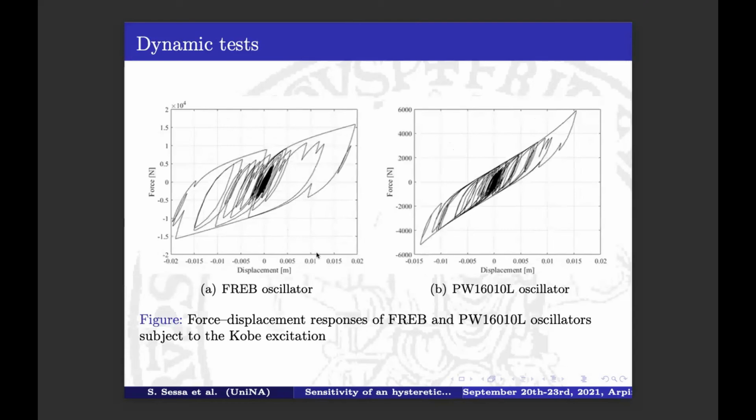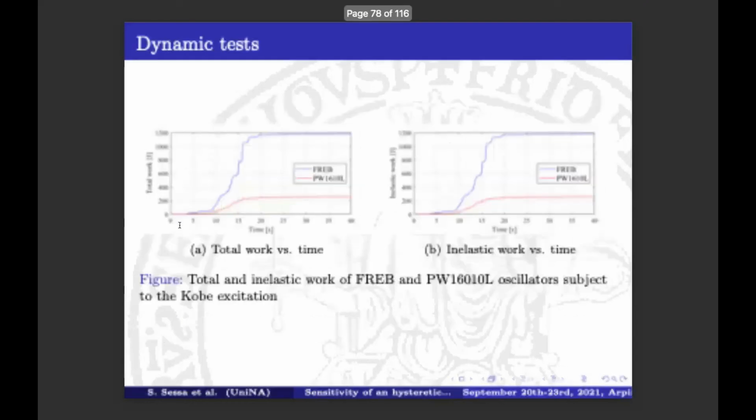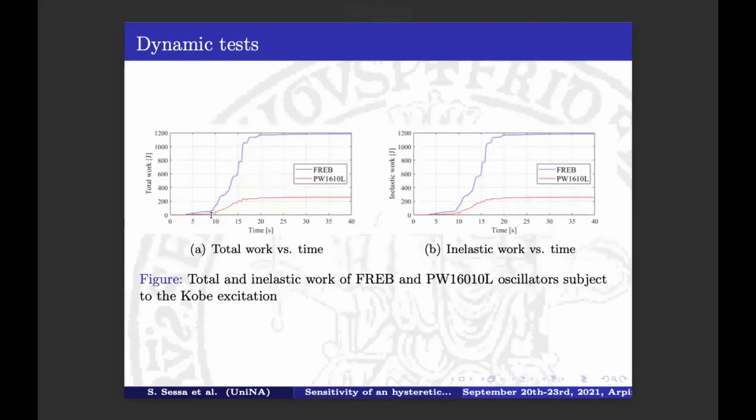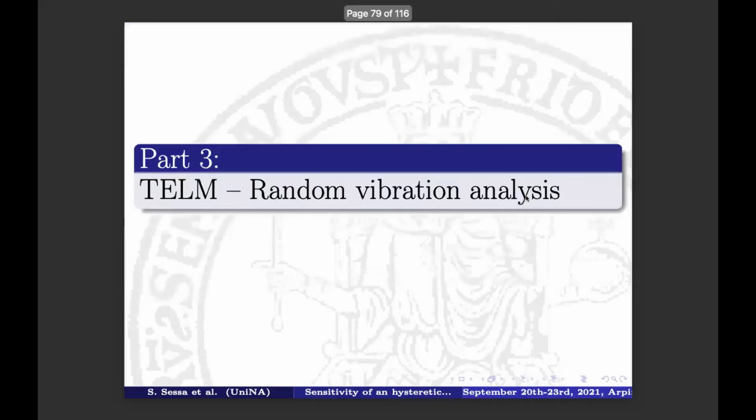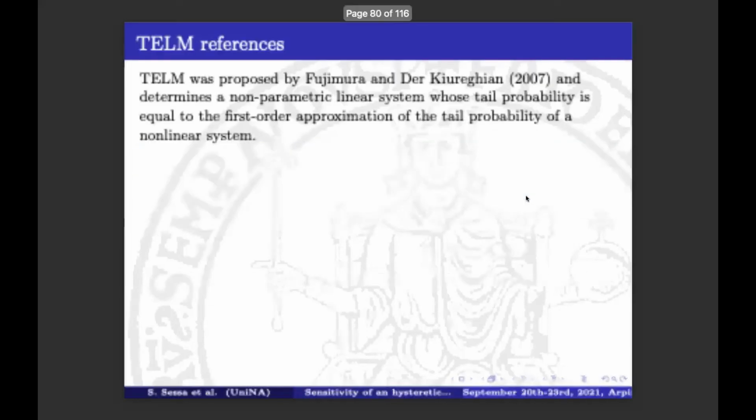These are two dynamic tests performed on parameters calibrated on experimental data. And in this case, we have an evolution of the total work versus time. And actually, this is not monotonic, but the inelastic work, while we are inside the compatibility range, is non-decreasing.